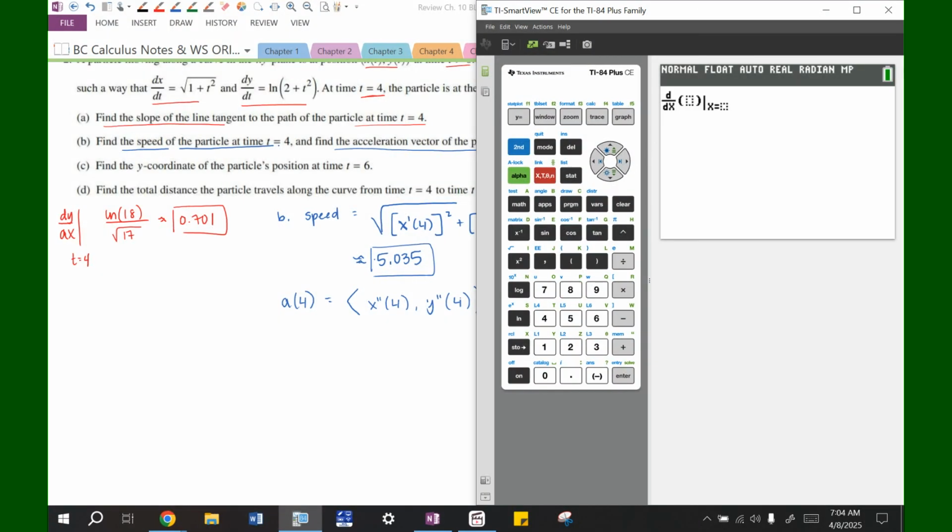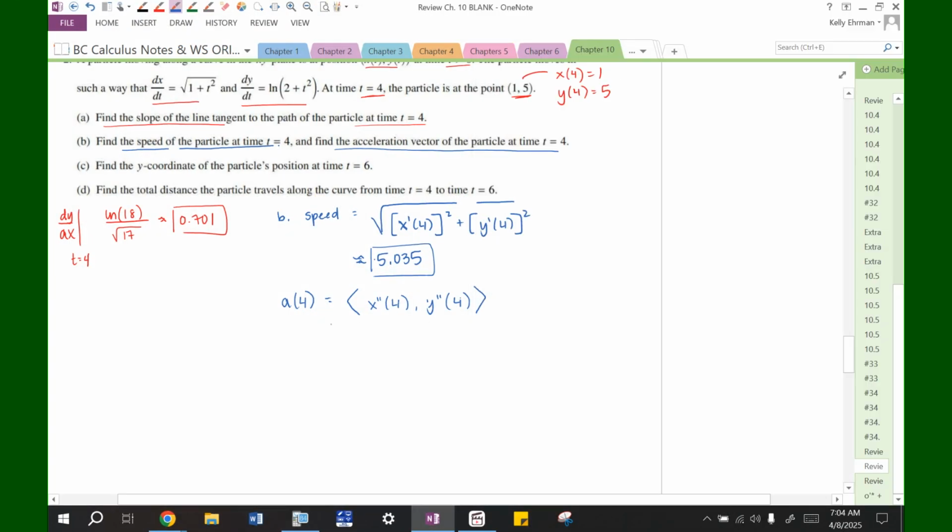I want to take the derivative of, start with the x, the square root of 1 plus x squared, and evaluate that at 4. And then I also want to take the derivative of ln of 2 plus x squared and evaluate that at 4.